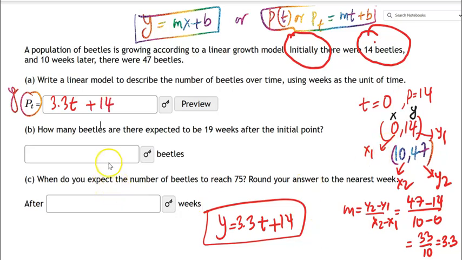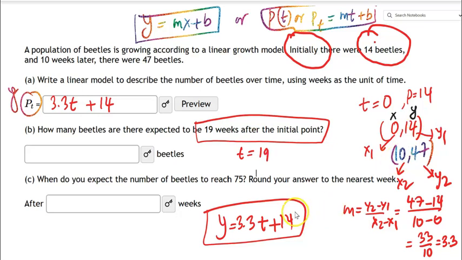Okay, so the next question is, how many beetles are expected to be there 19 weeks after the initial point? So you're looking for how many beetles after 19 weeks. You put t equals 19 into the model. So for this question you put 3.3 times 19 plus 14, and you simplify using a calculator.